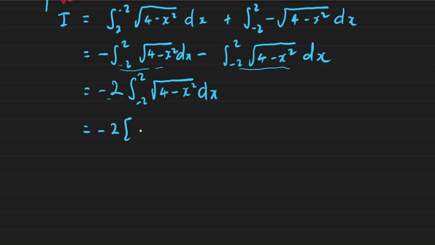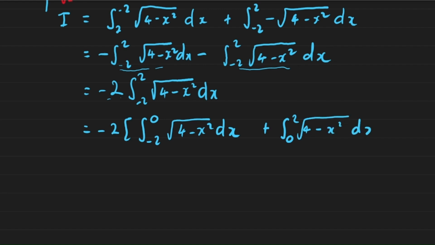So that's minus 2 times, firstly, the integral from minus 2 to 0 of the square root of 4 minus x squared dx, plus the integral from 0 to 2 of the square root of 4 minus x squared dx. So there's some symmetry involved here.